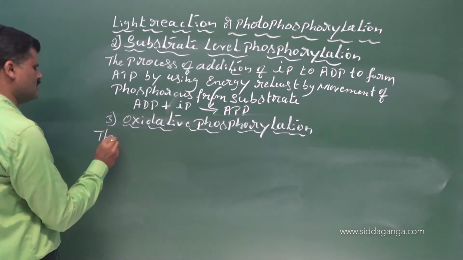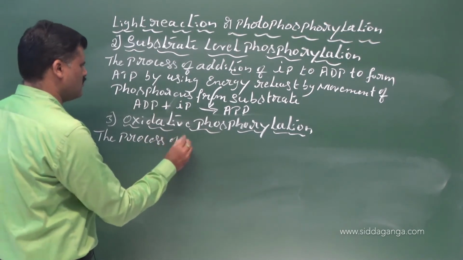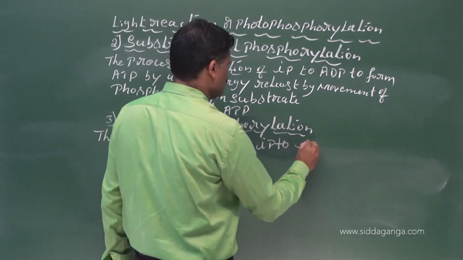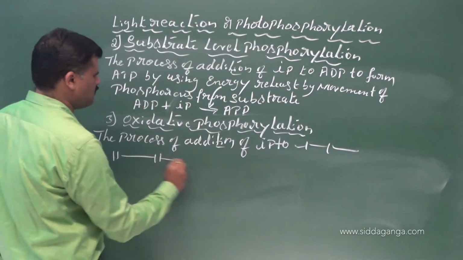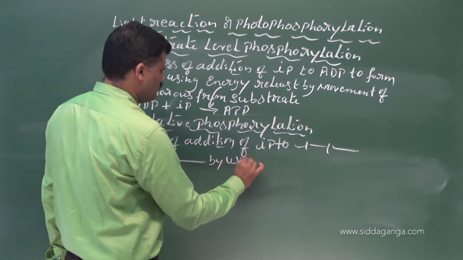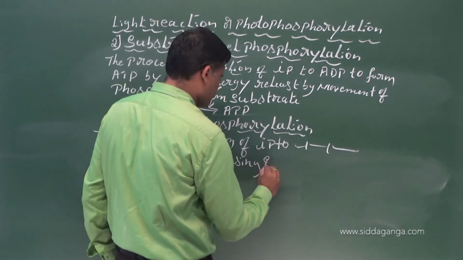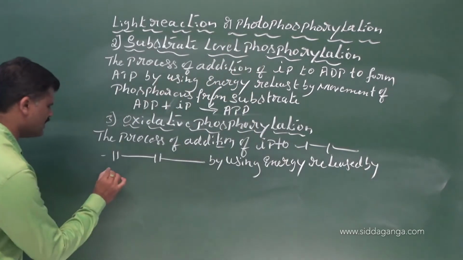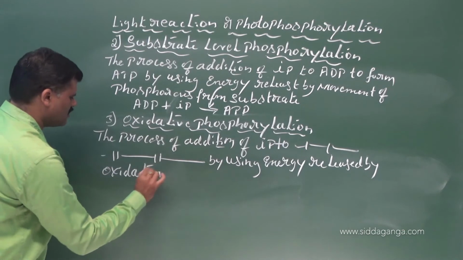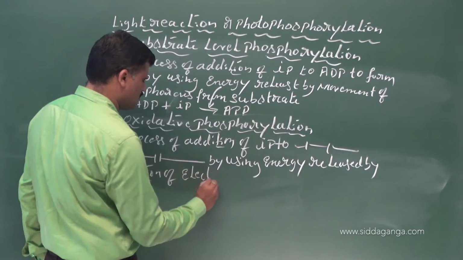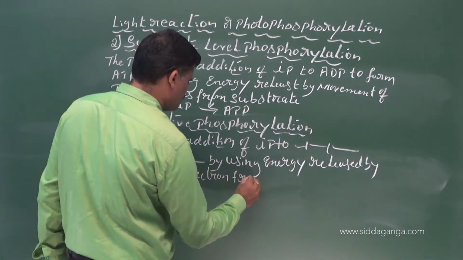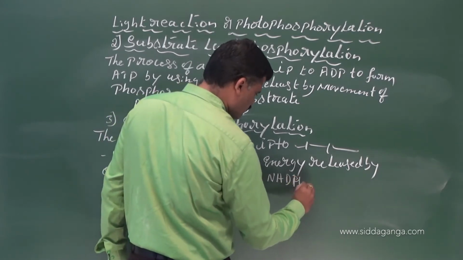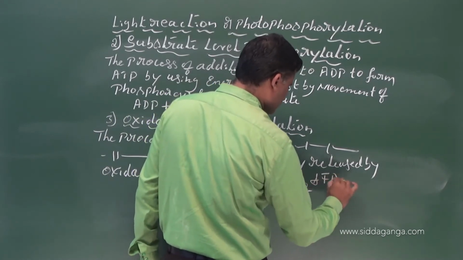Here it is also defined as the process of addition of inorganic phosphate to ADP to form ATP by using energy released by oxidation of electrons from molecules like NADH2 and FADH2.